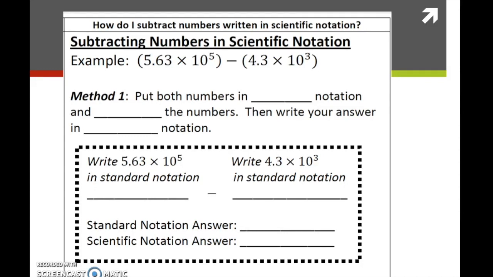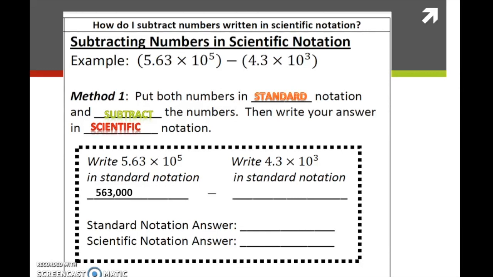So the first method wants us to put both numbers in standard notation and subtract the numbers. Then you are going to make sure that your final answer is in scientific notation. Okay, let's pull it apart. So we have 5.63 times 10 to the fifth power, and we're going to write that in standard notation.